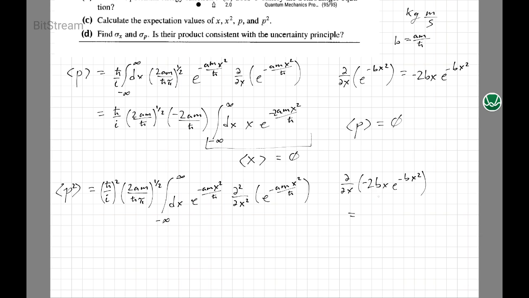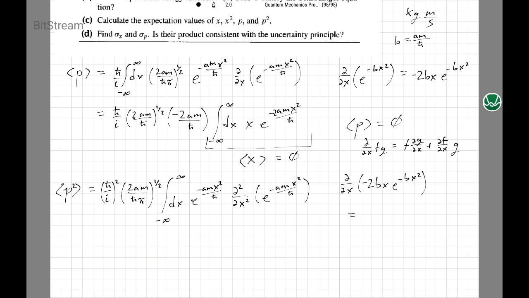Now we gotta do that whole, so if we have d dx of f times g, that's going to equal f times dg dx plus df dx times g. Ugh.